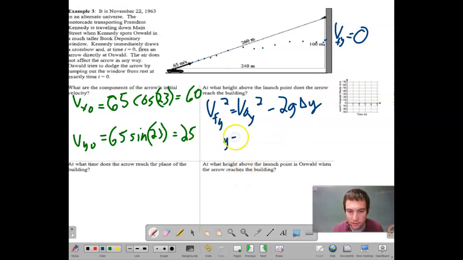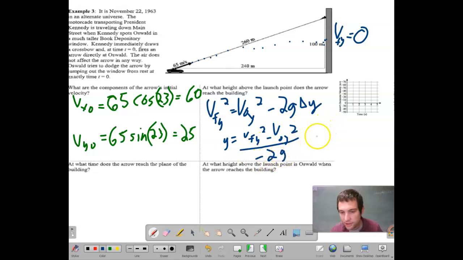Solving for y, I subtracted v naught y squared from each side, and then I divided by negative 2g from each side. So I get vf y squared minus v naught y squared divided by negative 2g, and that gave me y.